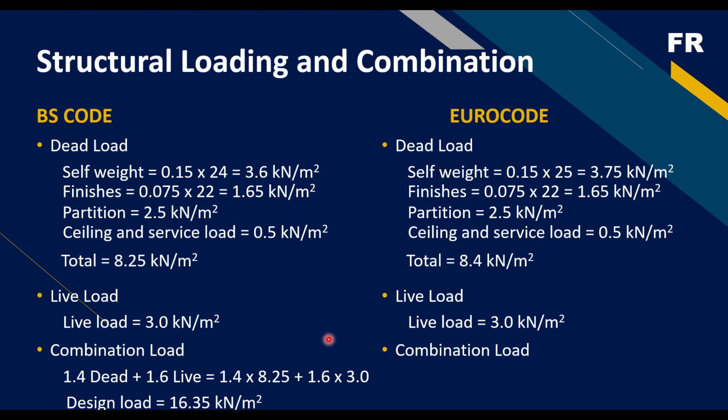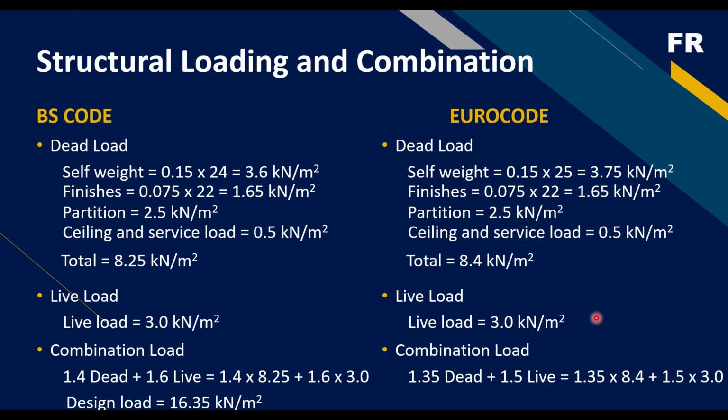Then for the Eurocode, the combination is a little bit different. Instead of 1.4 for the dead load, the Eurocode provides 1.35 for the dead load, and instead of 1.6, the Eurocode provides 1.5 for the live load.